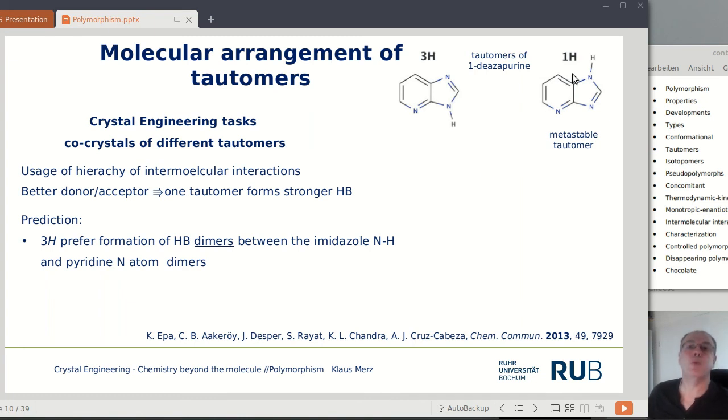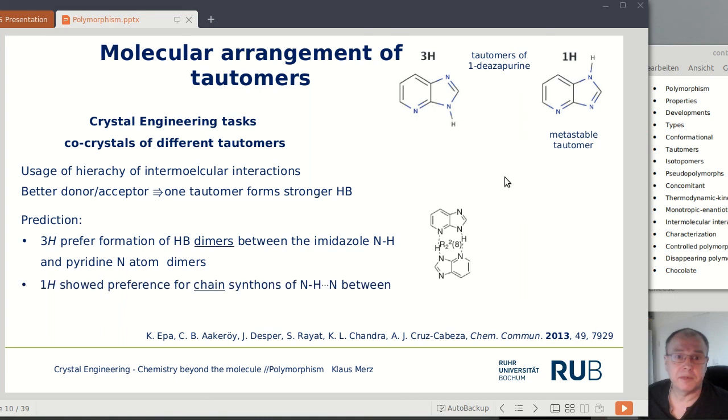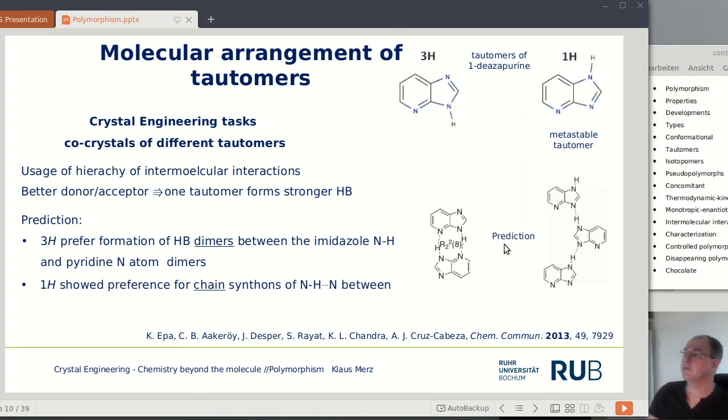In the case of 1H, the metastable tautomer, the prediction says the result is that catemer chains are preferred. Now, this is the dimer, yeah. And in this case, you see the 1H, you will see the formation of the chains. Here, this is preferred. Okay, this is prediction with other tautomers.